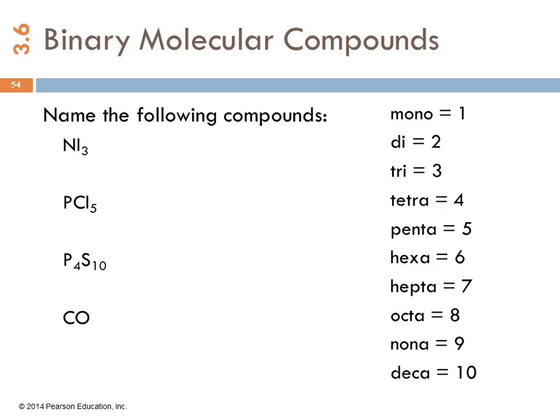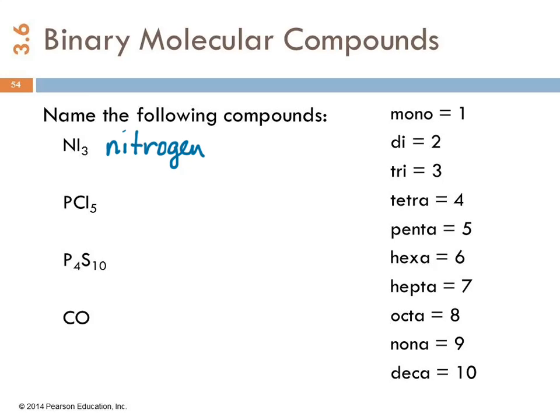So let's practice. Name the following compounds. NI3. Well, it's always good to check and make sure that these are in the right category. Nonmetal, nonmetal. We're okay. There's 1 nitrogen, so we're going to skip the mono and say nitrogen.